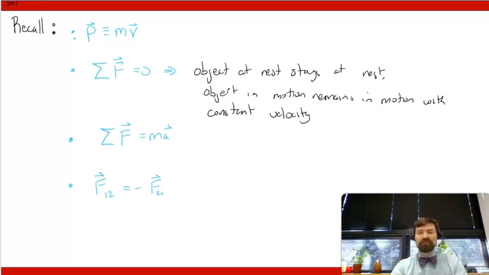That is, if you have two objects interacting with each other, then the force of the first object on the second object is equal to the force of the second object applied to the first object. So these are the things that we need to recall in order to do today's lecture.